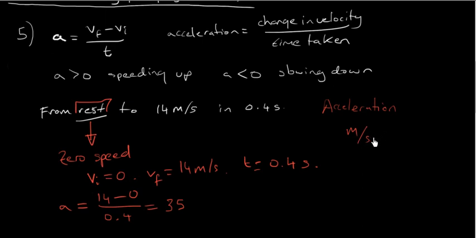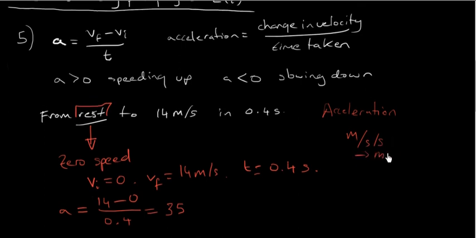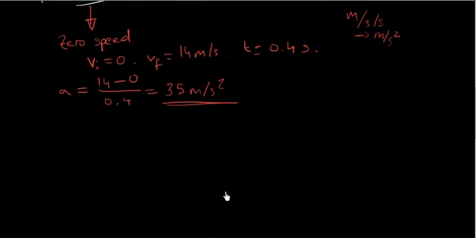So meters per second times seconds, and that's meters per second squared. So we write it like this: 35 meters per second squared. And there we have our acceleration, which is what we were looking for in part A.